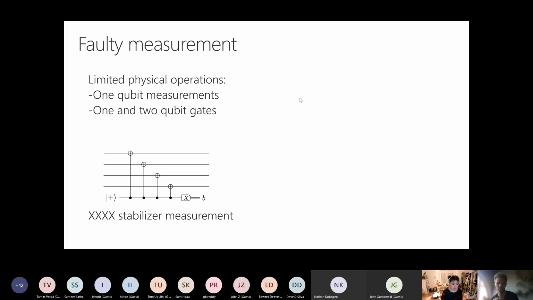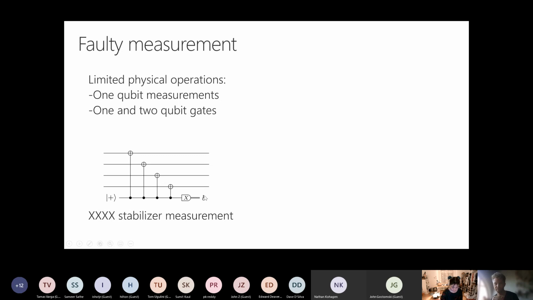Here, each of these wires represents a single physical qubit, and the goal is to measure the X parity on all of those. And a gadget to implement that measurement is this one. We introduce one additional qubit here, an ancilla, whose job is really just to help us with this measurement. And we prepare that qubit in the plus state. We apply control NOT gates from that ancilla qubit to each of the qubits that we want to measure the overall X parity of, and then we measure that qubit.